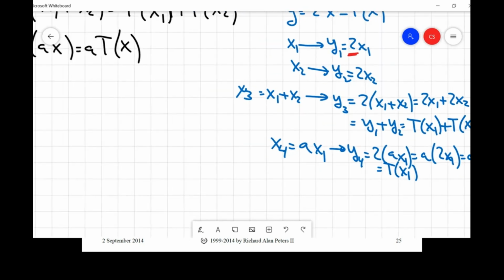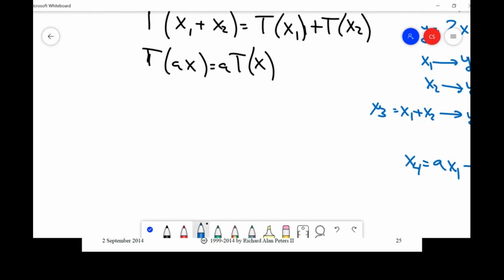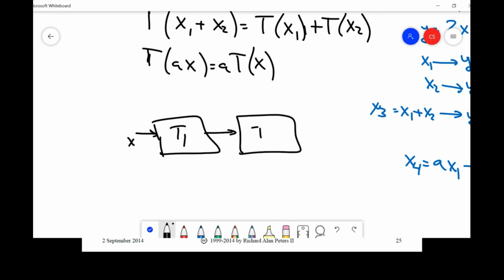We can represent linear operators as a sequence of transformations. So I have some signal x, I apply some transformation 1, and whatever comes out, I apply transformation 2. And then I produce my output. So I will have here y1, and I will have here y2.